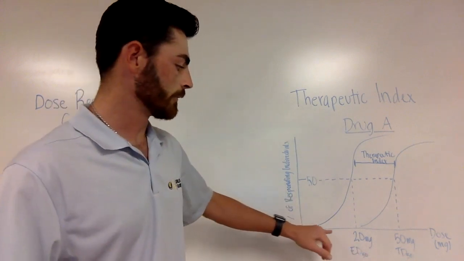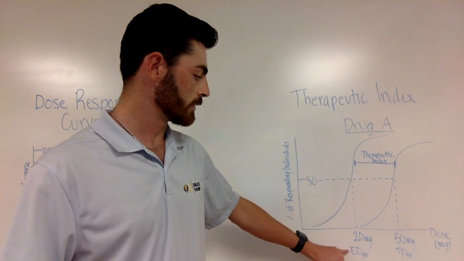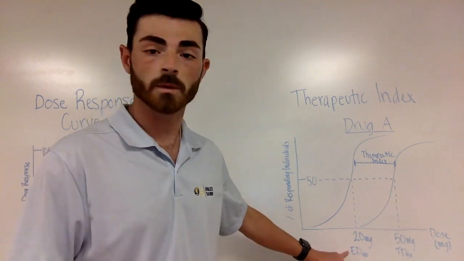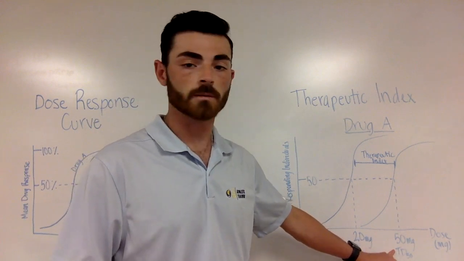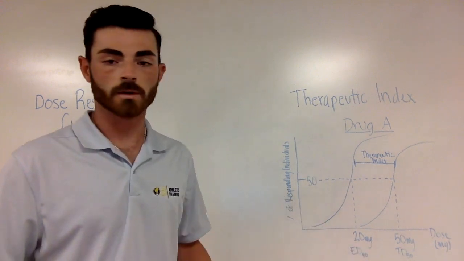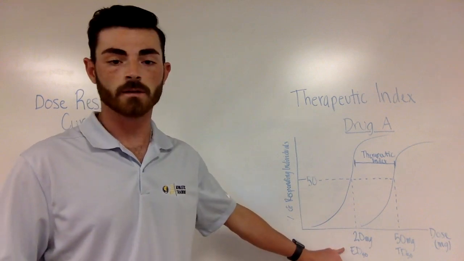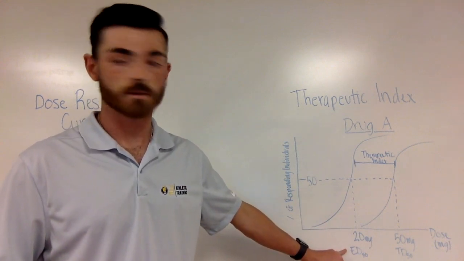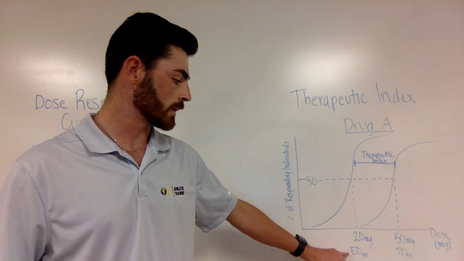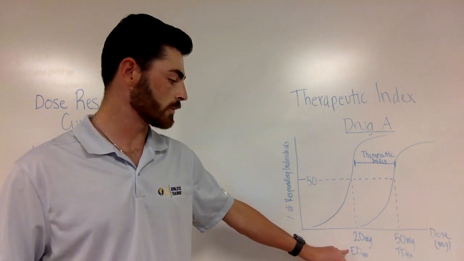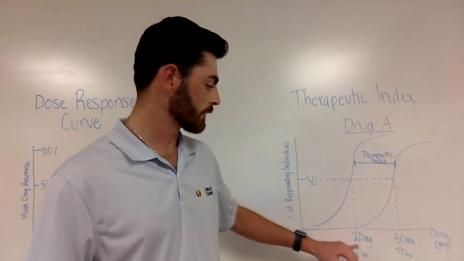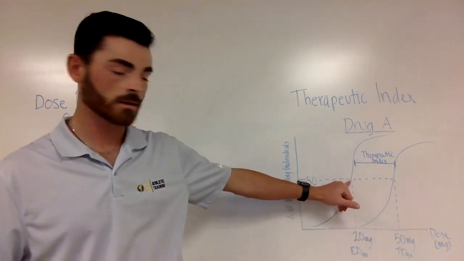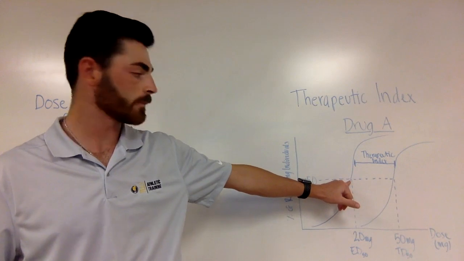So over here, we see the ED50 of 20 milligrams and the TD50 of 50 milligrams. So basically what those mean is the ED50 is the effective dosage. So the ED50 is the dosage that gets the desired effect.